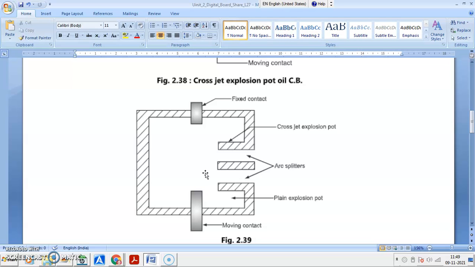When the short circuit is heavy, it behaves like a cross jet. High pressure gas and high pressure oil are applied on the arc at 90 degrees to the arc, and the arcing particles get swept into the chamber, what we call the arcing chamber. So the arc gets elongated and extinguished.